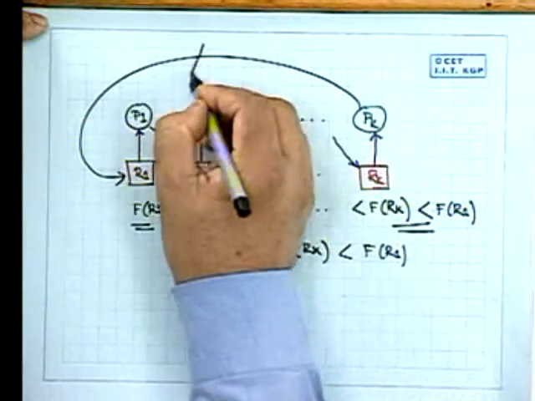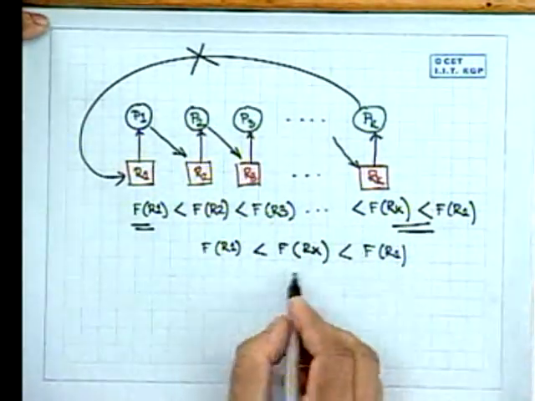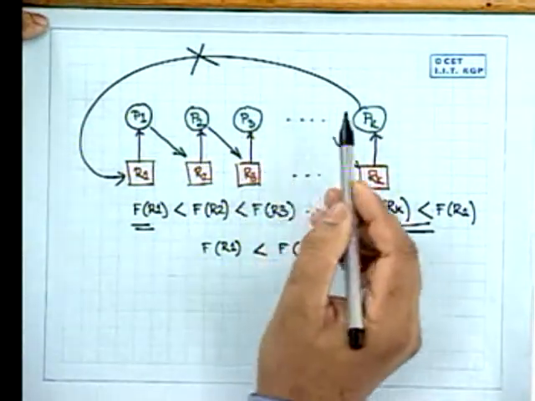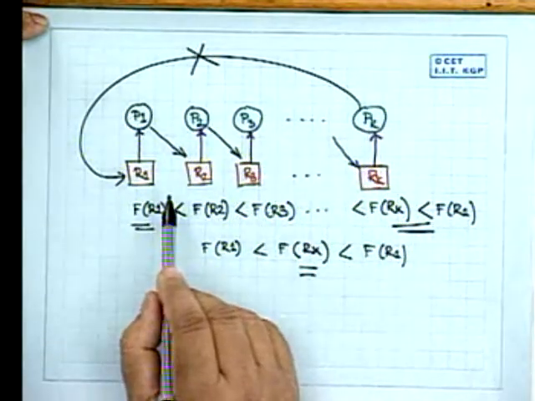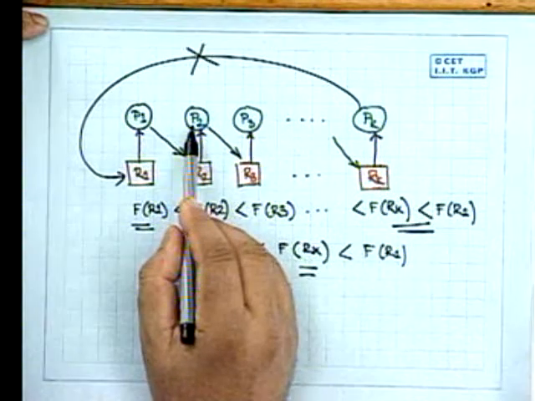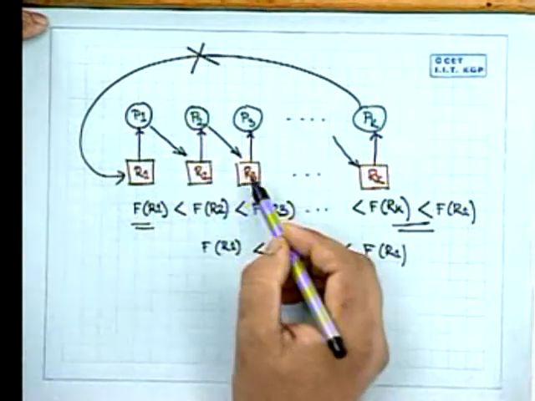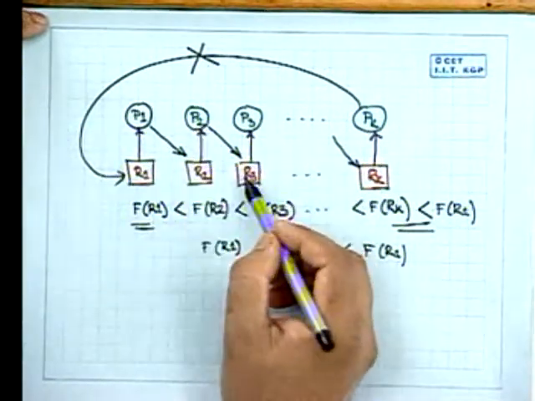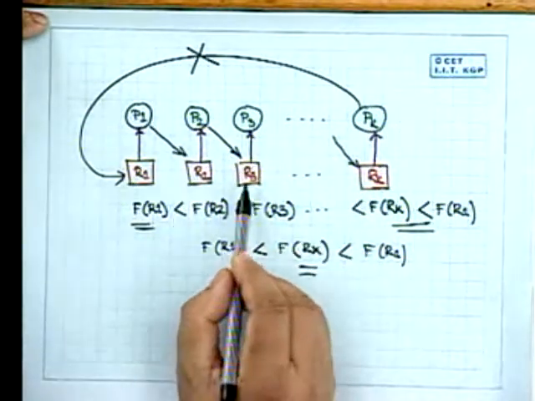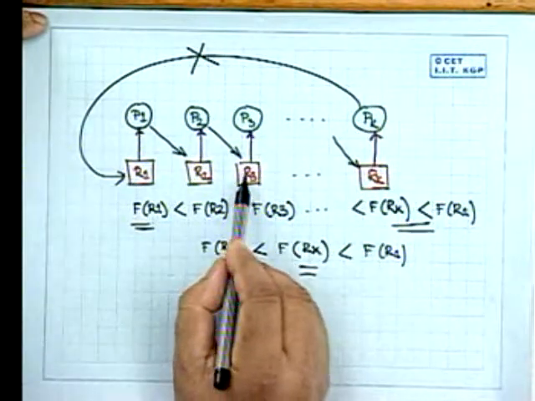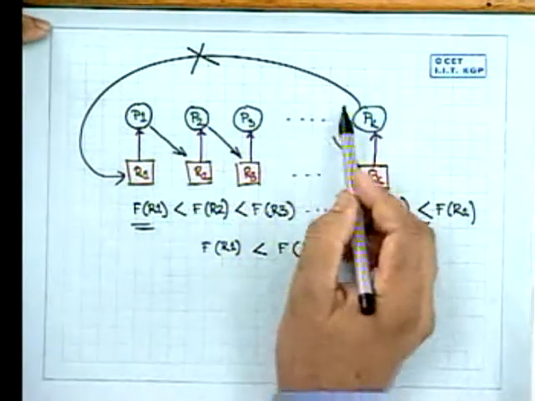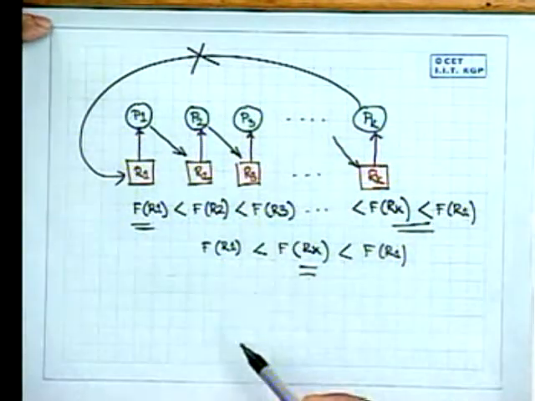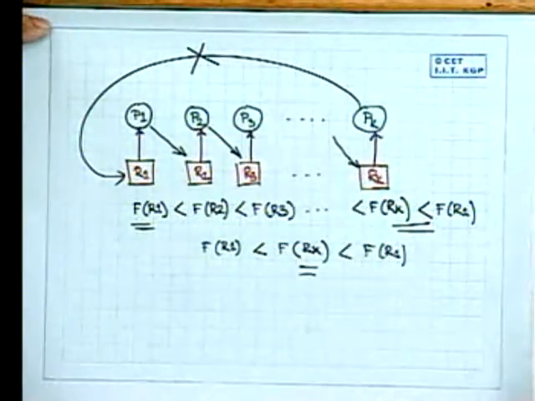This request cannot be made. By this contradiction, it is proved that if we ensure the protocol that whenever a process wants to request another resource, the f of that resource has to be greater than that of the one it holds, there can never be a deadlock.